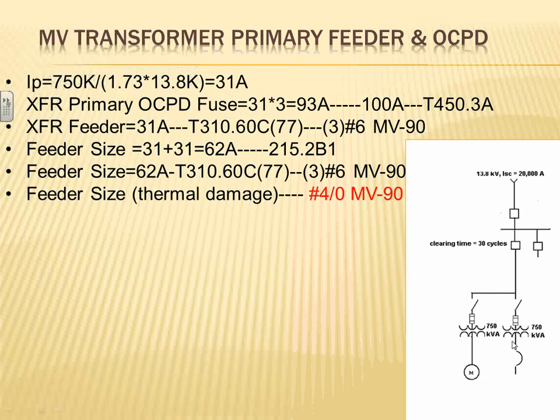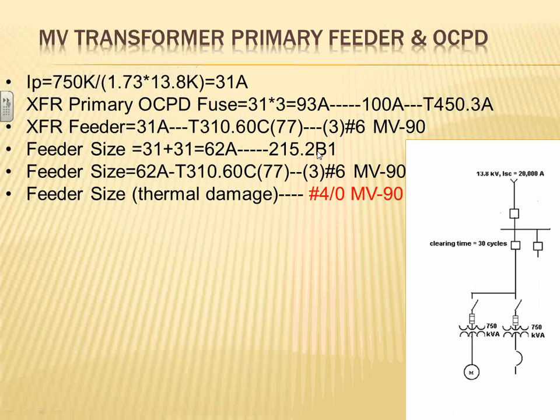So what I'm trying to do is I have a medium voltage feeder, and I need to feed these two substations. You have two medium voltage substations, and you need to feed these transformers. You need to size the feeder. Before I take you there, you need to be aware of 215.2(B)(1).